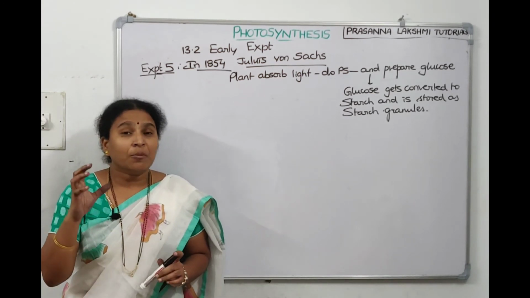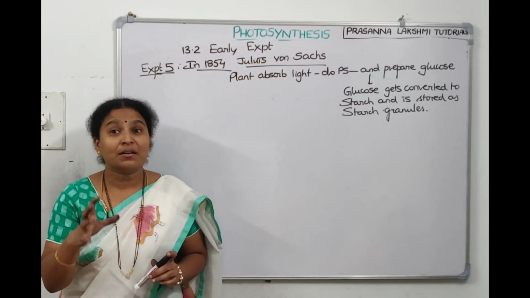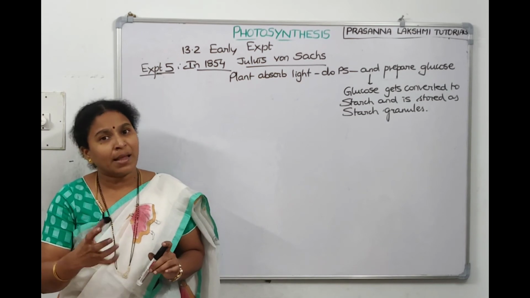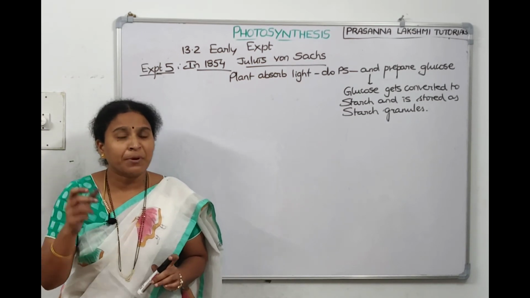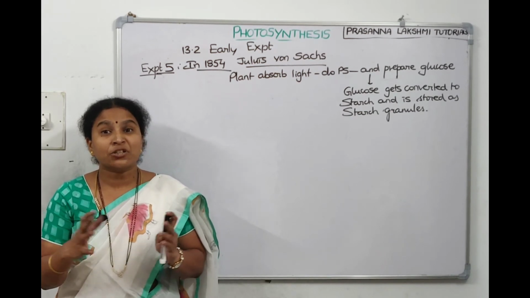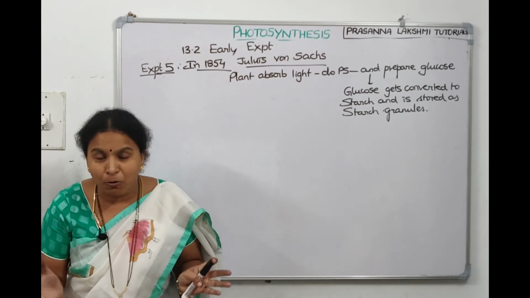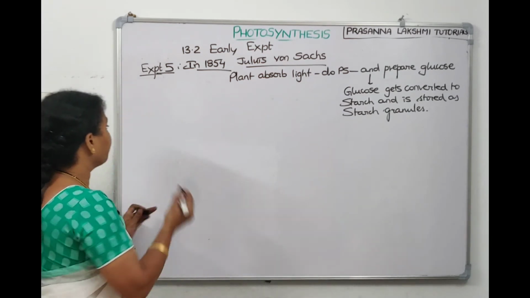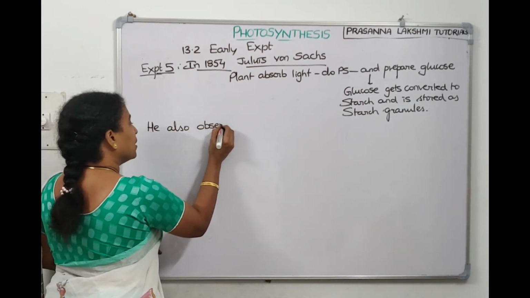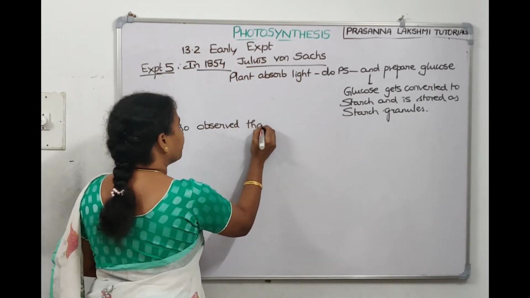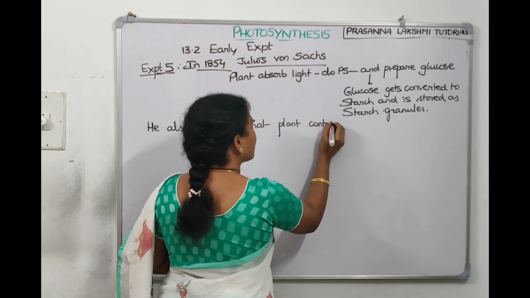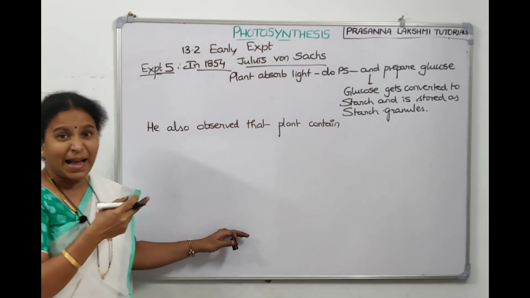He also observed the green colored pigment which we now call chlorophyll. He told that the plants contain a special pigment, a green colored pigment, which is called chlorophyll. At that time the name chlorophyll was not given. He told there is some special pigment in the plant, which we now call chlorophyll, present in a special structure called chloroplast. Who is talking for the first time about the pigment? Sachs.